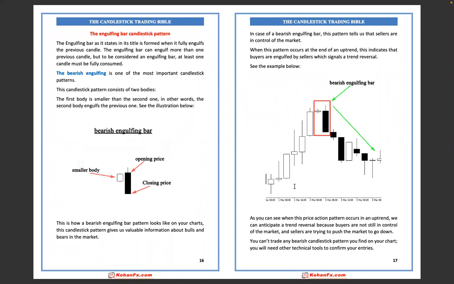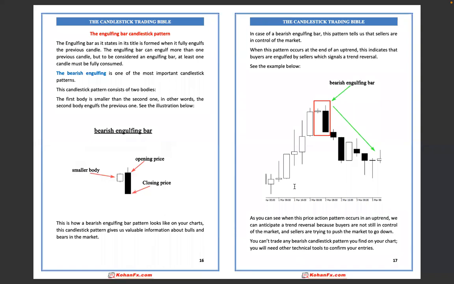Now let's look at the example. This is what I want to stress on: the fact that a bearish engulfing bar signifies trend reversal doesn't mean that anywhere we see it in the market, we have to look for the trend reversal, or start looking for sales.